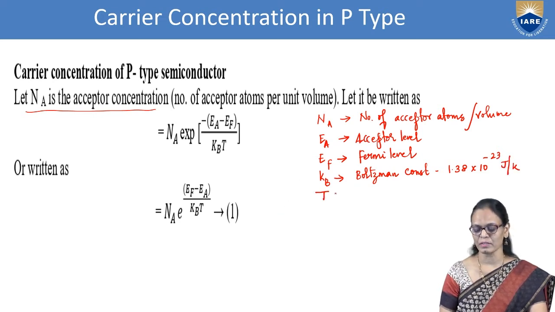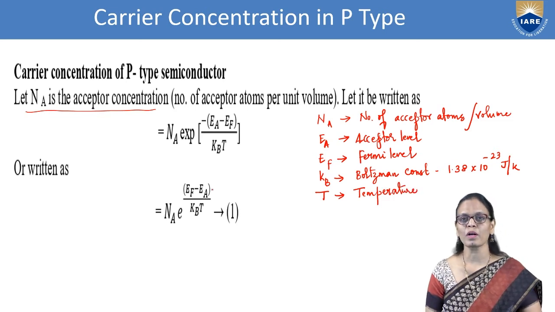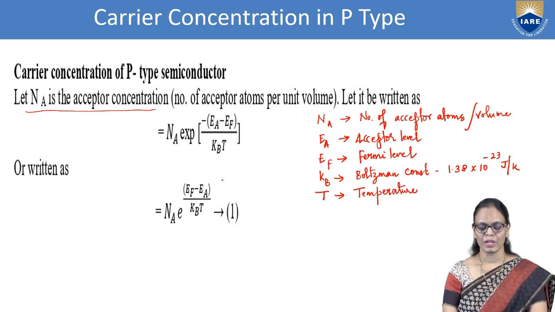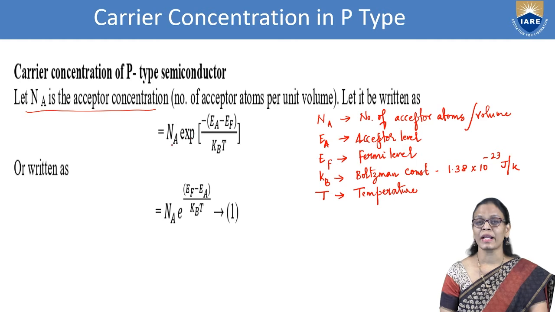And T is the temperature. So what we are trying to see here is the concentration due to the acceptors that we have added. It is given by Na exponential minus of (Ea minus Ef) by kBT.